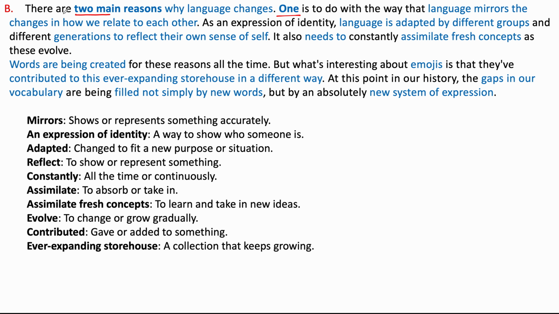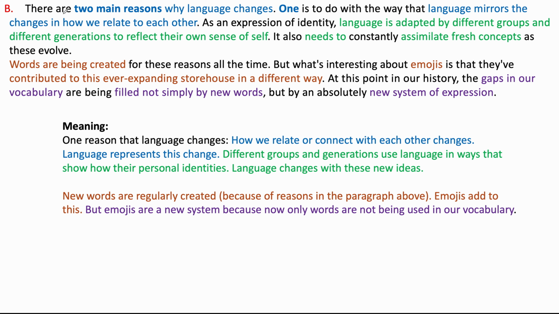What this section means in simple language is, one reason language changes is how we relate or connect with each other. Language reflects, represents, or shows the changes in how we connect with each other. Different groups and generations use language in ways that express their personal identities, and language evolves or changes with new ideas.